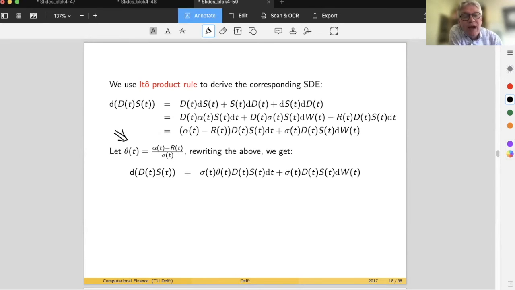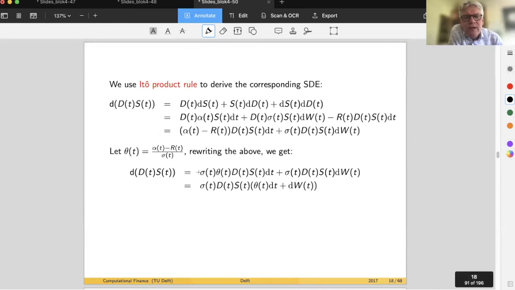So we rewrite this function, and here we have theta_t times sigma_t, and the other parts we just copy, times D_t S_t dt. And here we just copy the term sigma_t D_t S_t dW_t. So these are the rewritten dynamics of the discounted stock price.